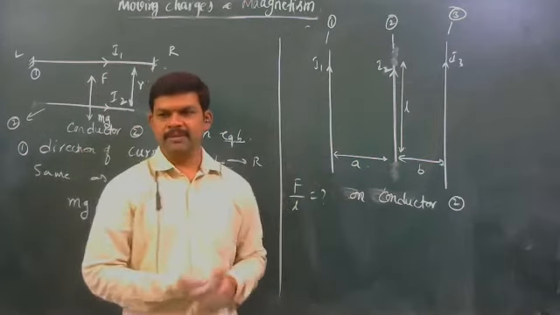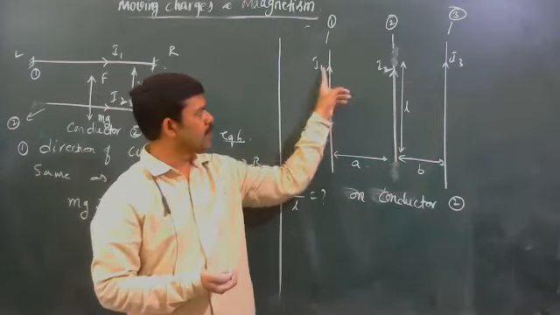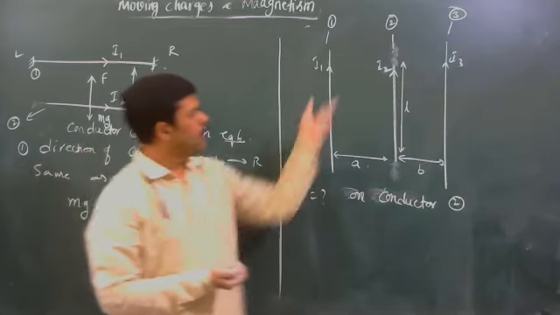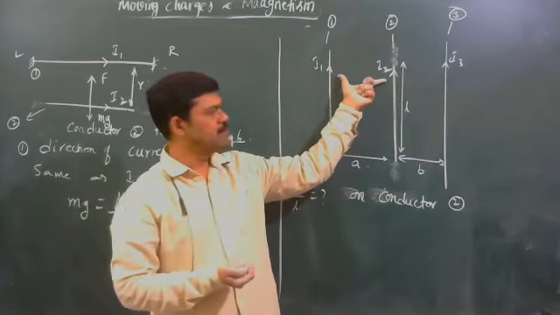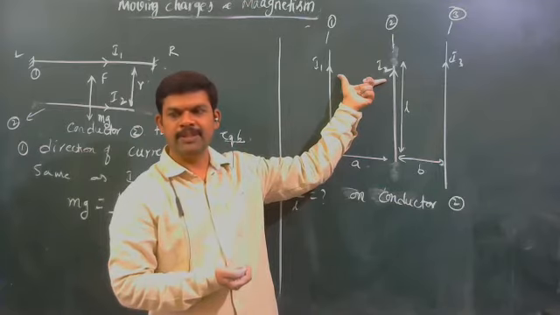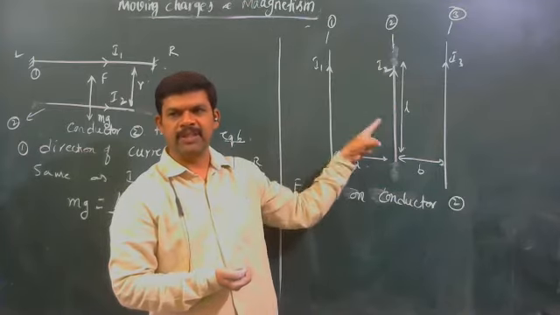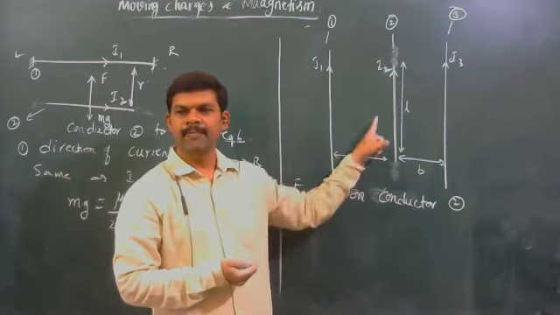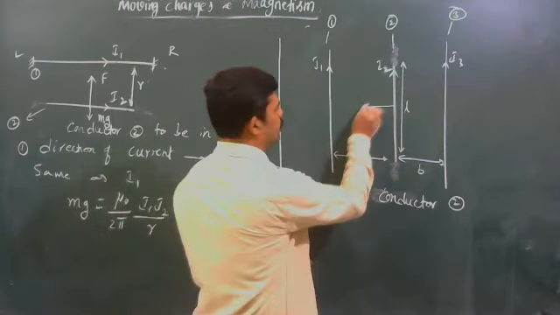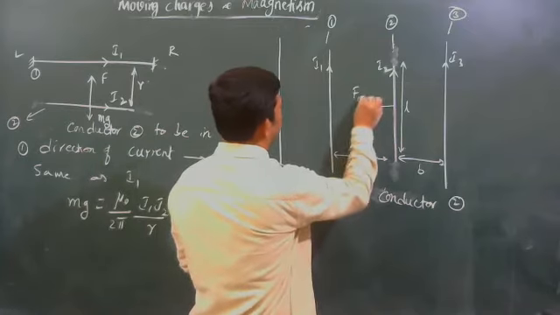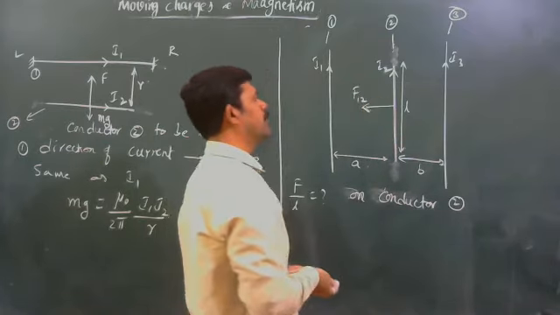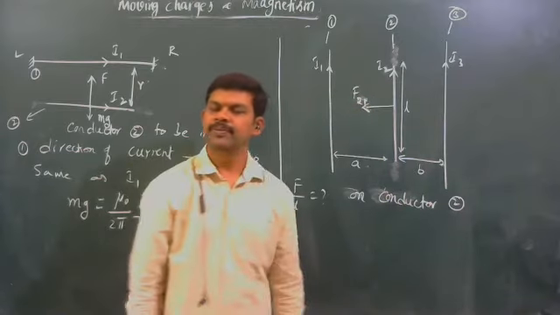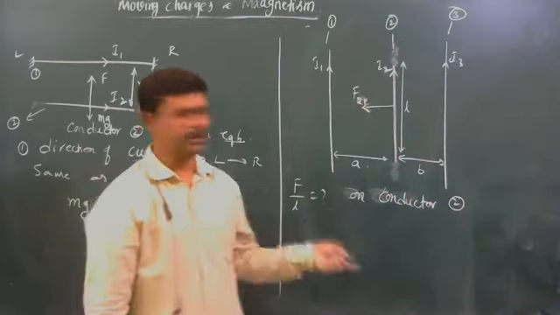What to see? What are the directions of currents first? The current direction is the same. Does it undergo attraction or repulsion by this? Attraction. So F on 2 due to 1 is attraction.